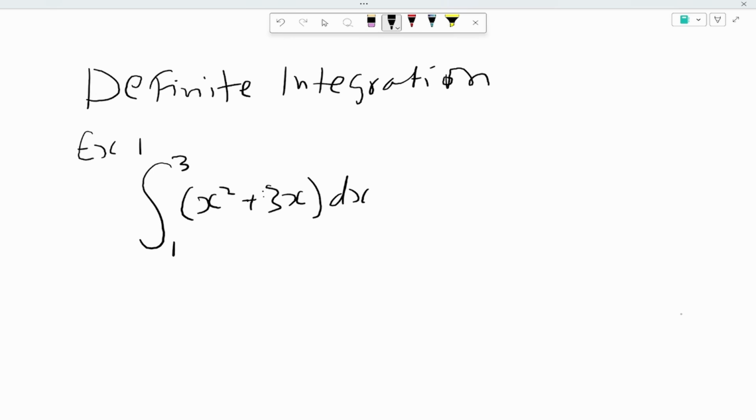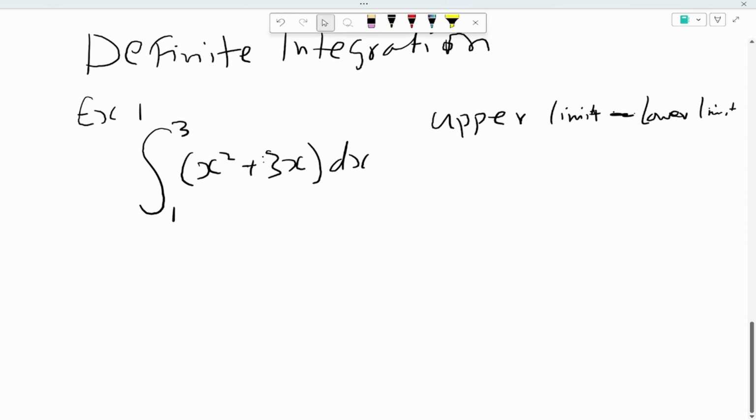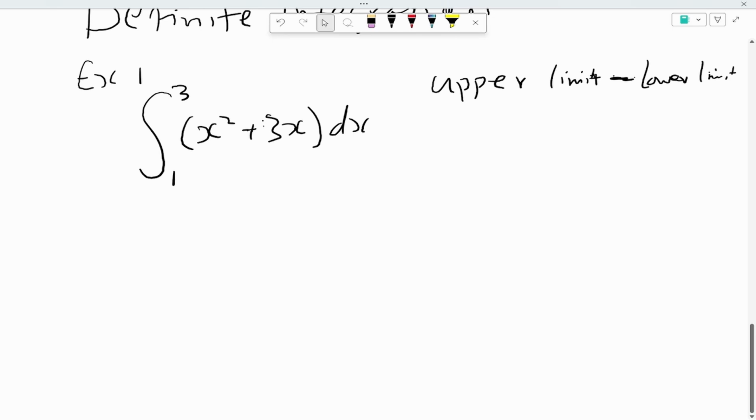In other words, you end up doing something like this: upper limit minus lower limit. That's what you end up doing. So from this function, let's try to solve this now.